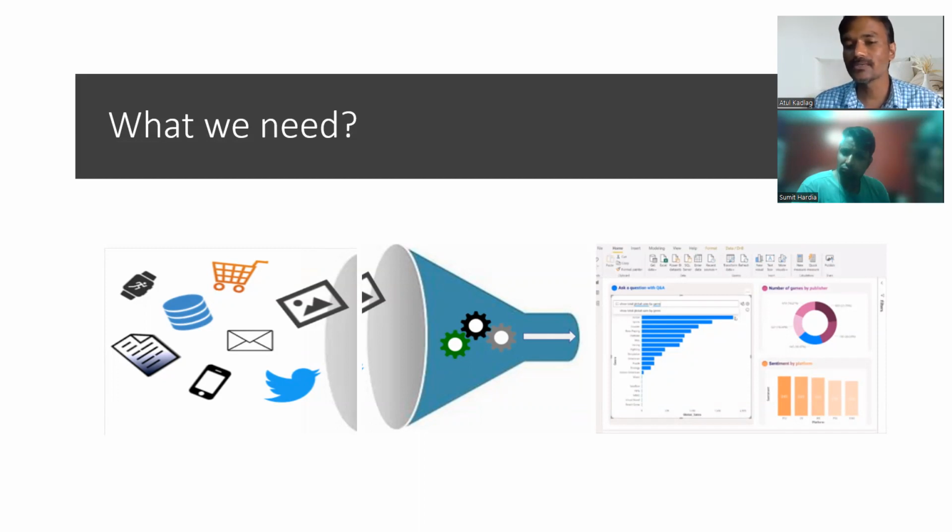That kind of thing should be available with the help of these dashboards or key performance indicators, and from these dashboards we can take a proper decision. That should be available to the business users to enable them to take proper decisions. So this is important, and that's why we need Power BI.